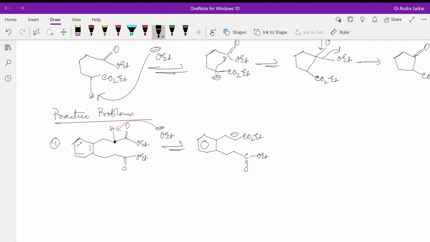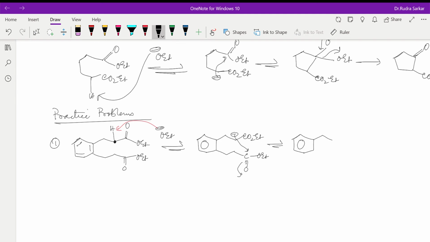Okay, now try to think here an attack takes place. So this will open up, meaning what?